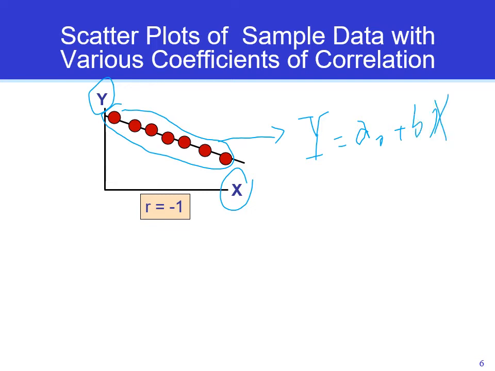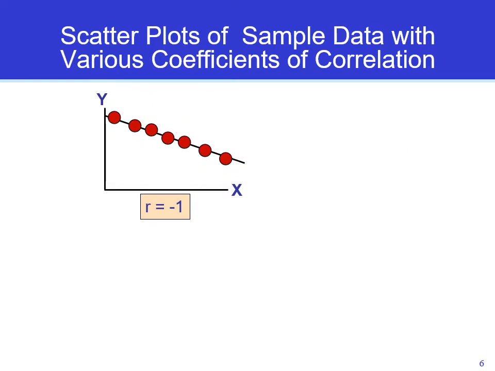b is the coefficient here, which is negative. So the relationship between x and y is linear, and because it's negative, that's why r, the coefficient of correlation, is -1. It means that it's the utmost negative linear relationship.